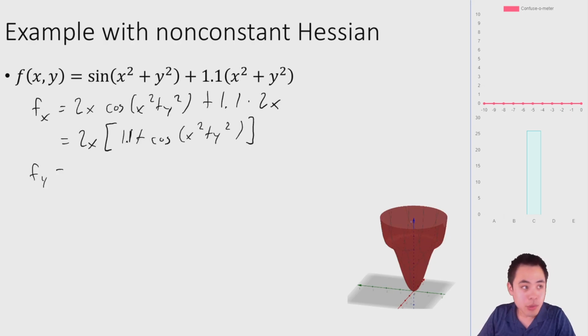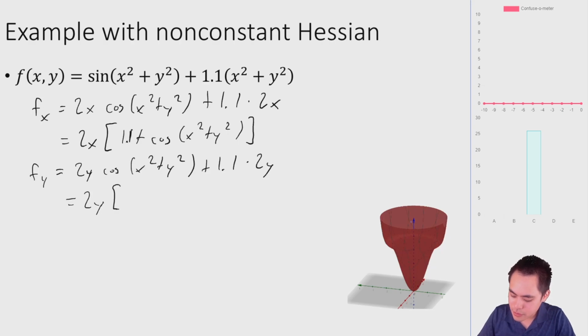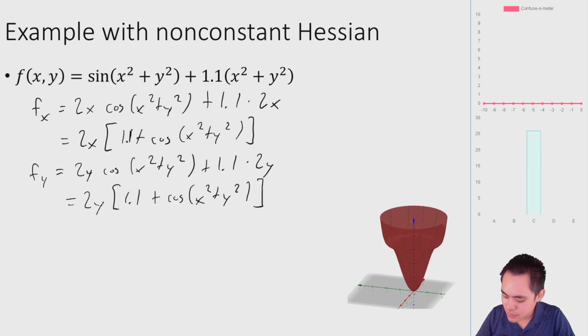And similarly, f sub y is equal to 2y cosine of x squared plus y squared plus 1.1 times 2y, which is equal to 2y times 1.1 plus cosine of x squared plus y squared. And note that this interior here is not equal to 0.